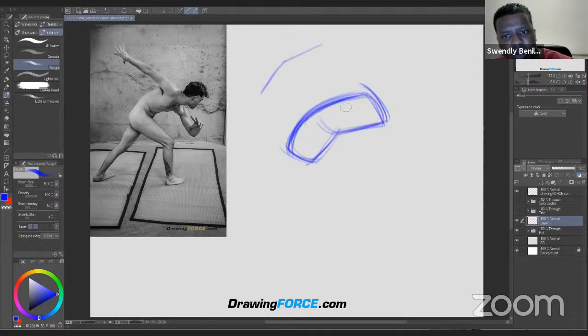Also, we never pressure ourselves that we have to get everything right on the first try. That's why we iterate. You put something down, you compare it to the model, you evaluate and see what you need to correct in order for your drawing to work like the reference works.